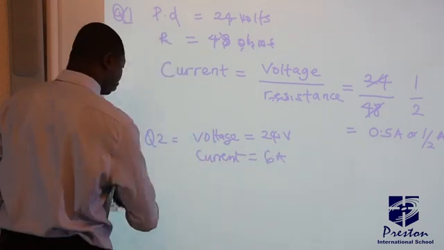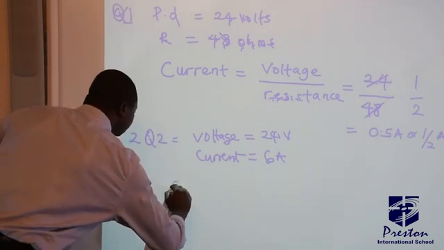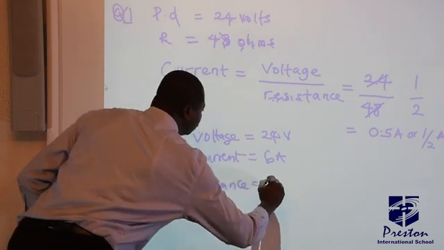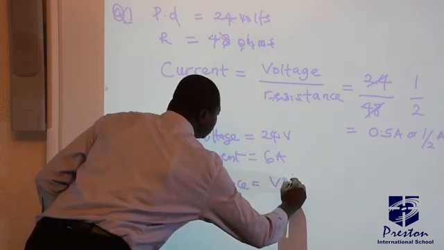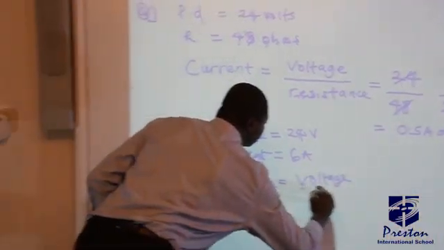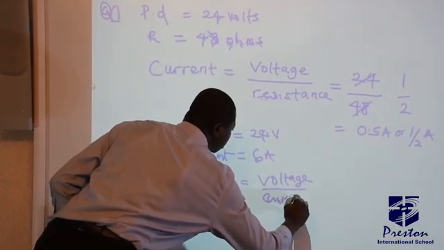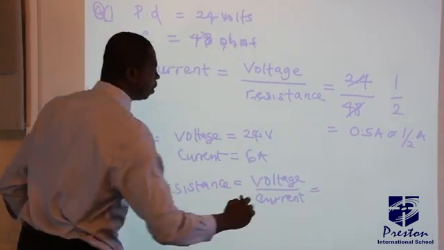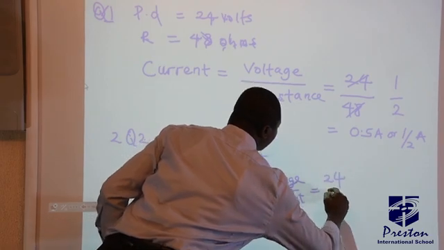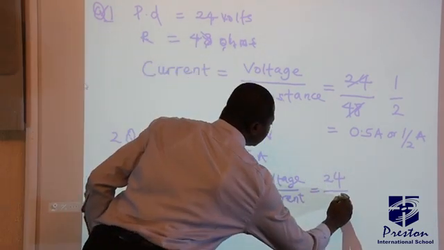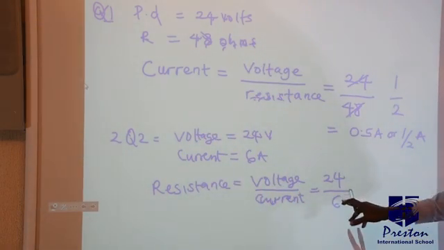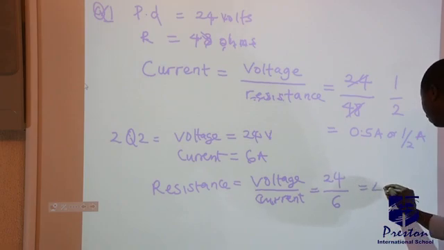Using the formula I've told you about, resistance equals voltage over current. Our voltage is 24 and our current is 6. If you divide 24 by 6, you're going to have 4 ohms.